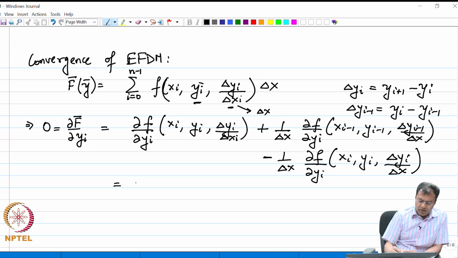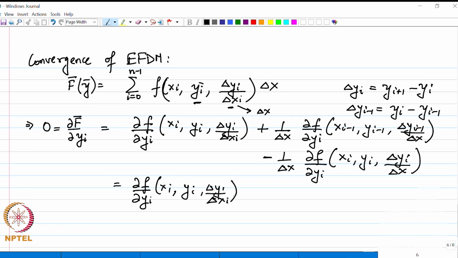We see that this is also equal to, so let me just rearrange some of these terms. You see that this is del f del y_i at these argument values minus 1 by delta x times, notice that I have taken minus 1 by delta x out.